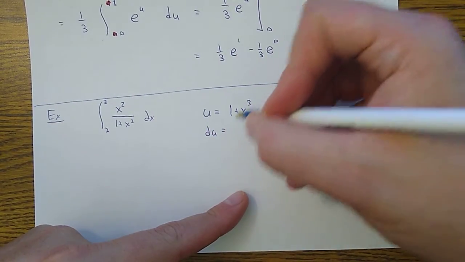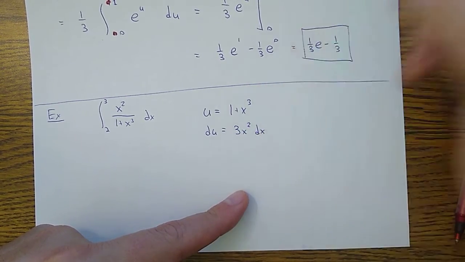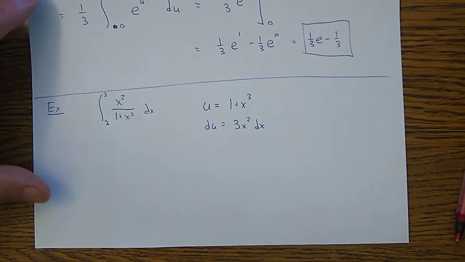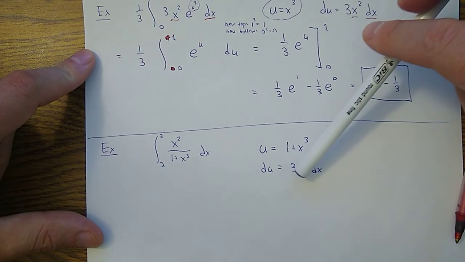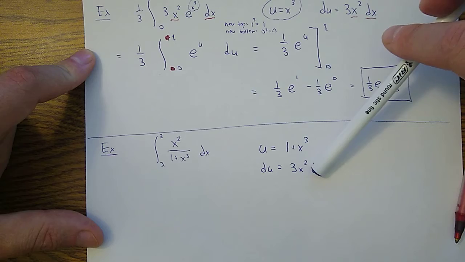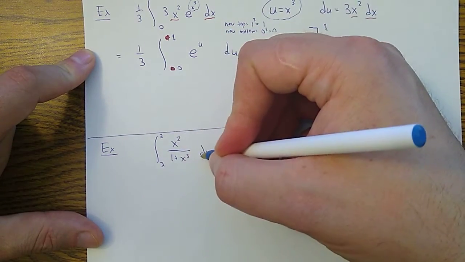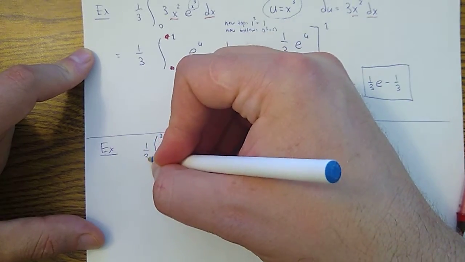So then du would be 3x squared dx. So, okay, what do I have here? Again, I have a similar issue from last time. du is 3x squared dx. I see x squared and I see dx, but I don't have a 3, but I can put a 3 and a 1/3.